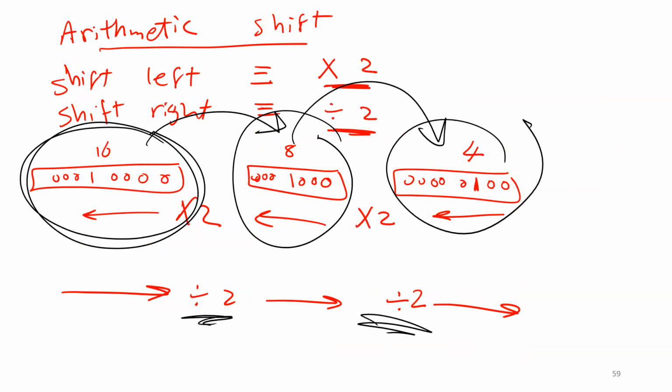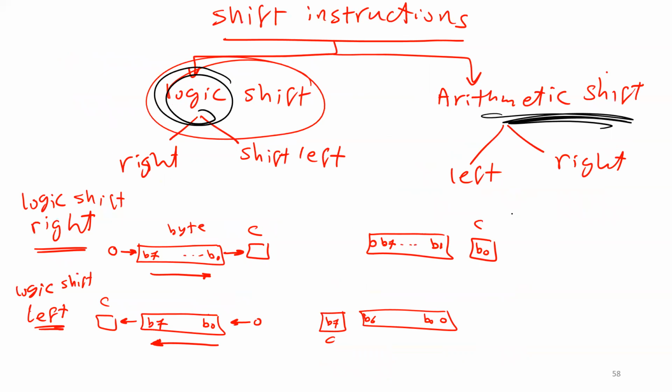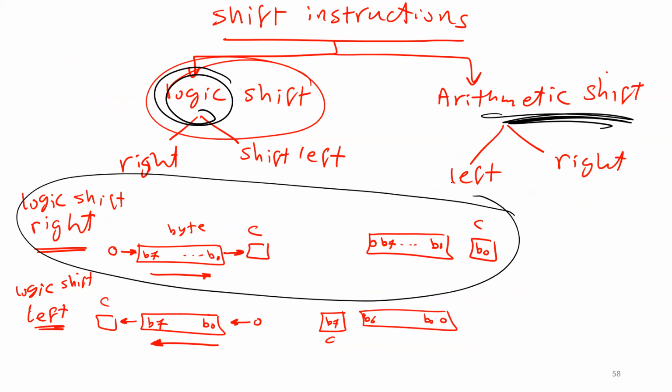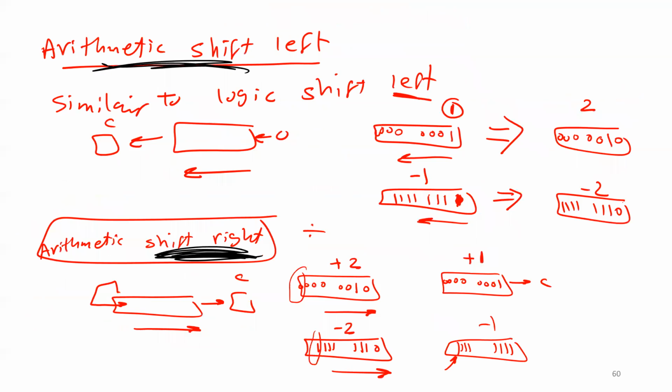Why? Because if I go back here, in case of logic shift right, you shift in 0, and the last bit has to go to the carry. But in arithmetic, I'm not going to shift in 0. I'm going to shift in the sign bit. If the sign bit is 0, I'm going to shift in 0. If the sign bit is 1, I'm going to shift in 1.